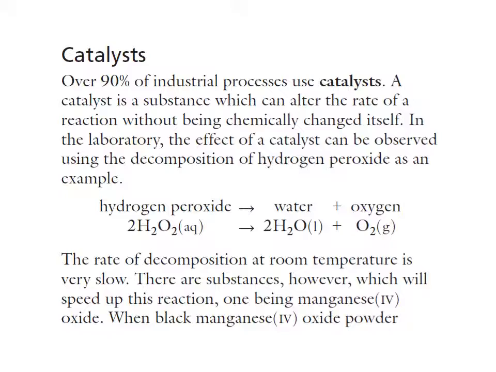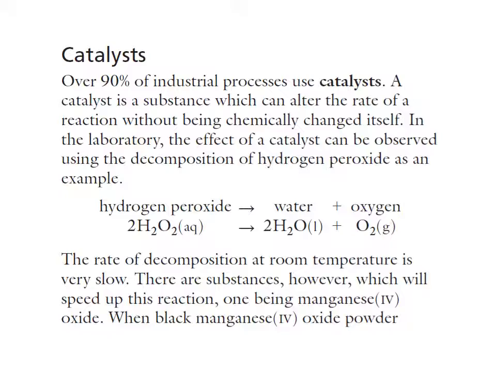A catalyst is a substance which can alter the rate of reaction, either increase or decrease it. That means catalysts are of two types: positive catalyst and negative catalyst, which can alter the rate of a reaction without being chemically changed itself.